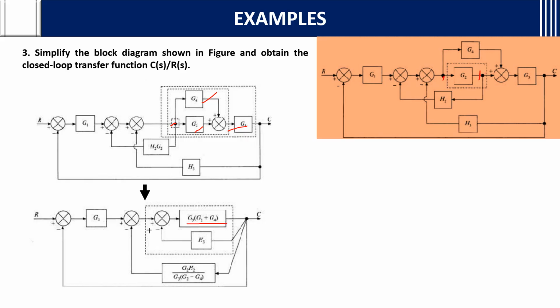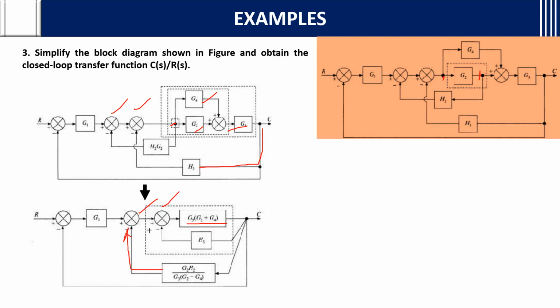Understanding? After that, if you see, this is also connected to H3. Okay. And this G2H2 is there, no? They interchanged this. If you interchange, see, these two summing points are same. You can interchange. By interchanging, what happens? This H3 is connected to this point. This is connected to this point.